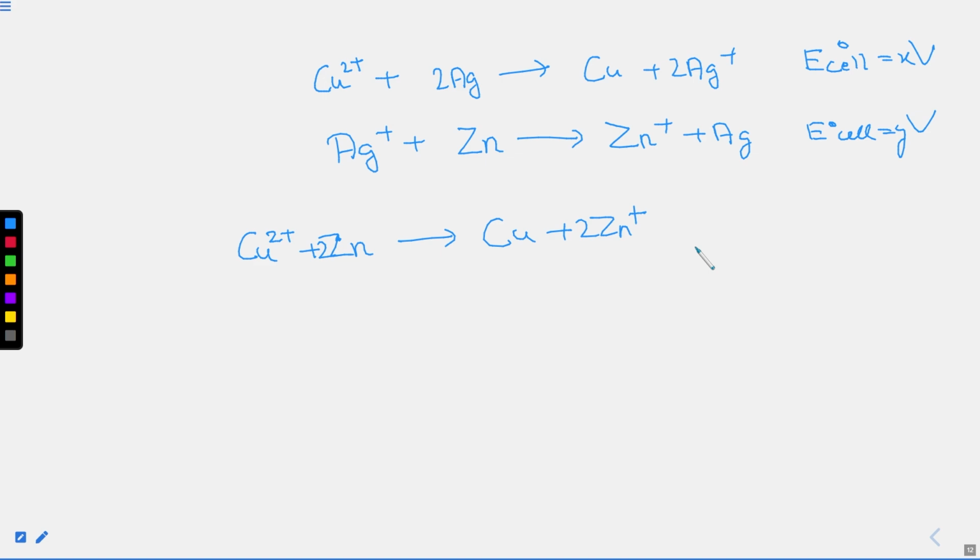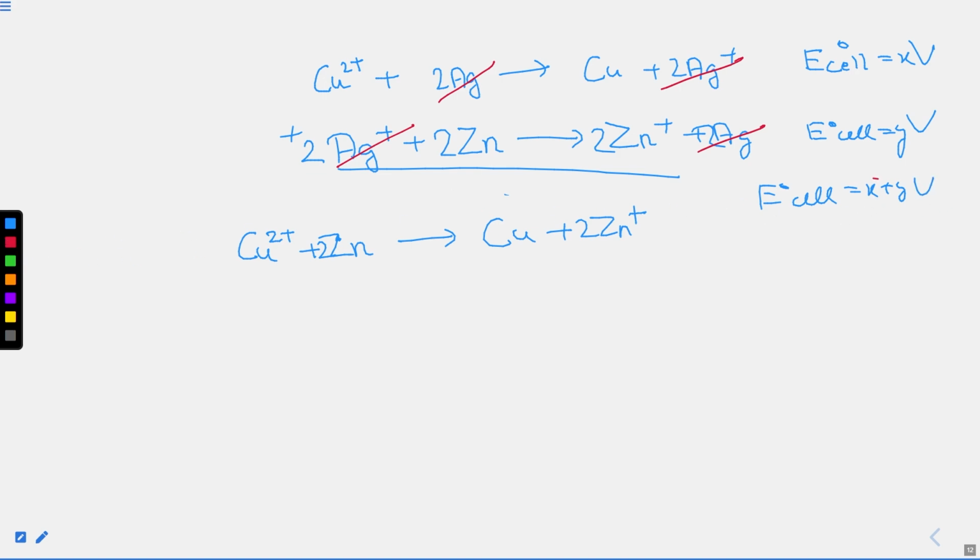We would have simply added these two equations, or firstly multiplied by 2, and these things would get cancelled out easily, and the final E naught cell would have been X plus Y.